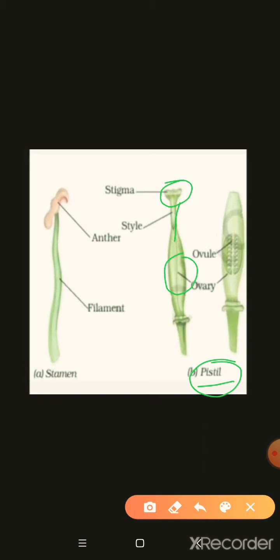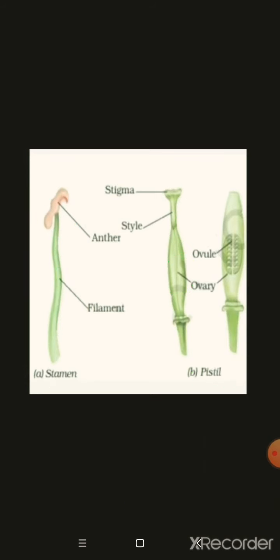And the male reproductive part consists of the stamen, and it includes the anther, a kidney-shaped structure, and the filament, a tube-like structure.